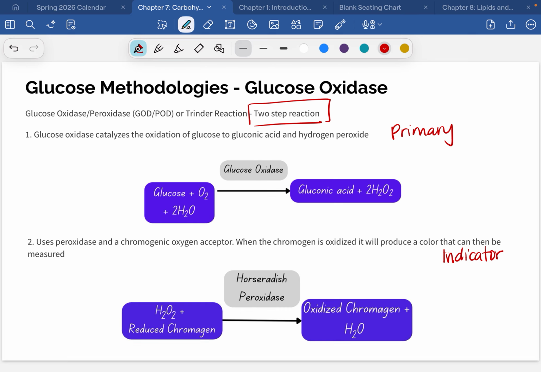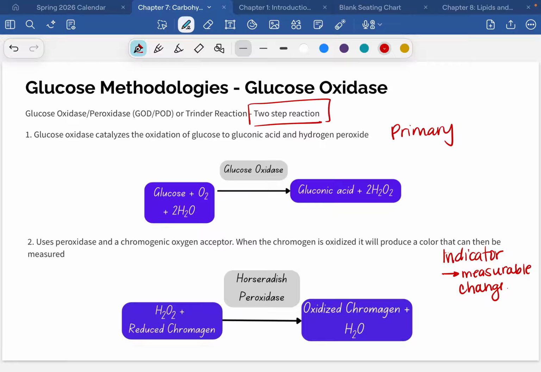But there is this two-step reaction process. We have this primary reaction and then an indicator reaction that usually creates some kind of measurable change. And this is going to be a very common theme as we go through this class. So get used to seeing this two-step primary and then indicator reaction.